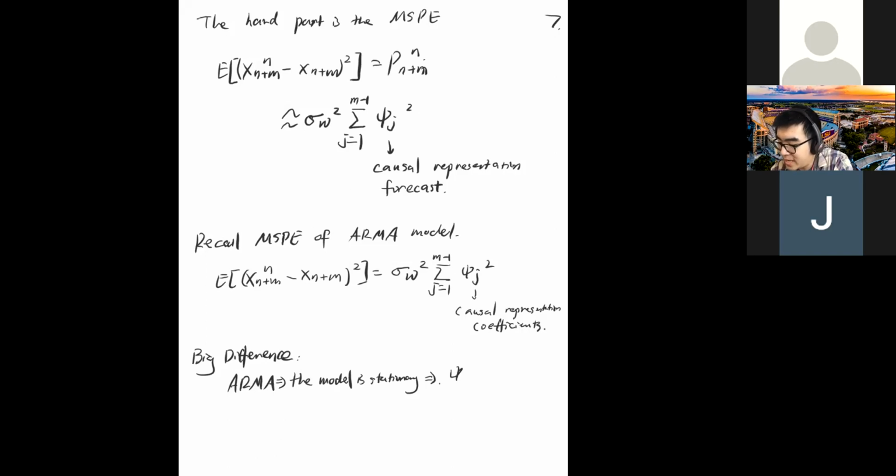That means the psi j, the causal representation coefficient, as you can recall from your homework or the examples I gave in class, will decrease to 0 as j goes to infinity. So that implies this MSPE will converge.